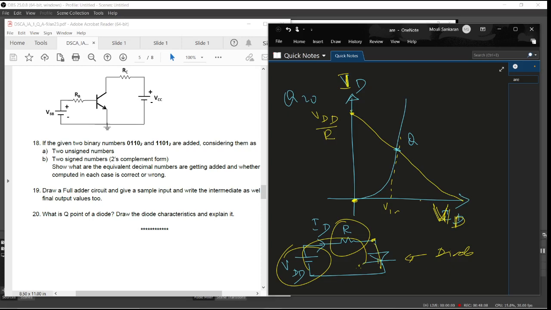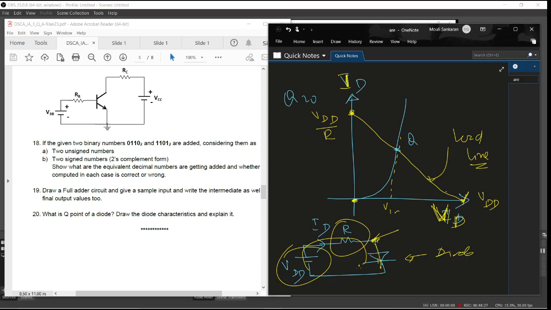So VDD by R will be the current, and this will be when we have no current flowing. That means the voltage will be VDD. So this point will be VDD. So this is called the load line. It's just for completeness' sake I'm explaining. Even if you don't understand it now, it's okay.